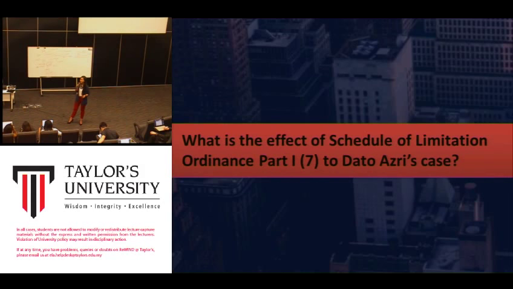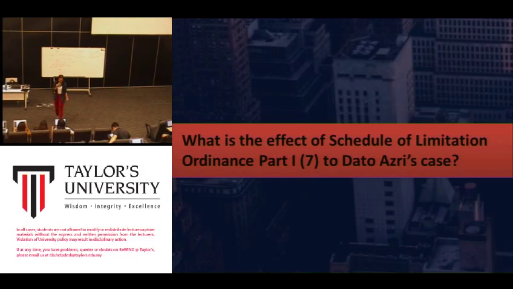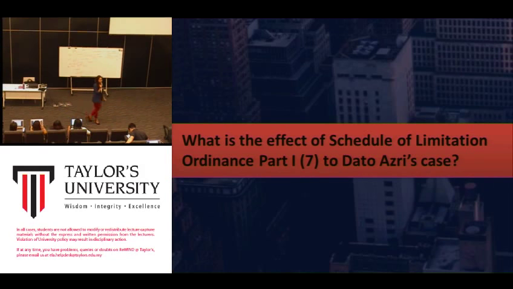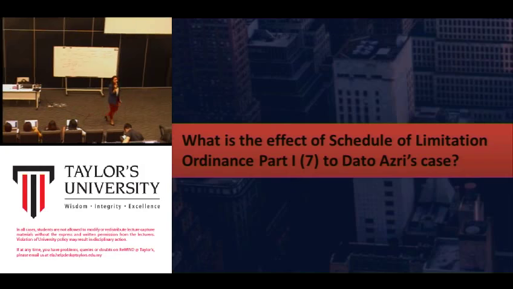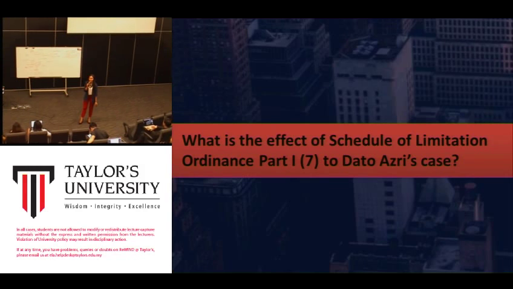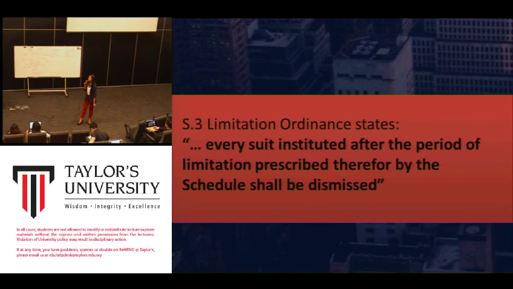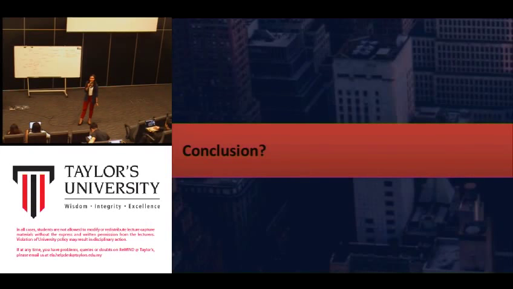So what is the effect of the Schedule of the Limitation Act? So if any action is instituted after the 1 year period concerning libel, it shall be dismissed. So basically that should be your answer. So in this case, what's your conclusion?